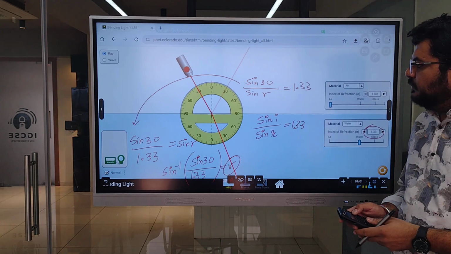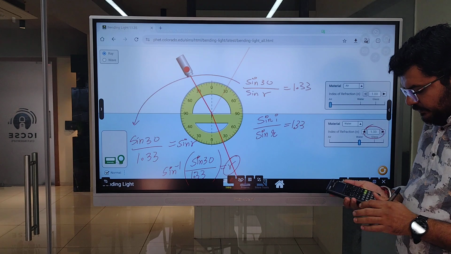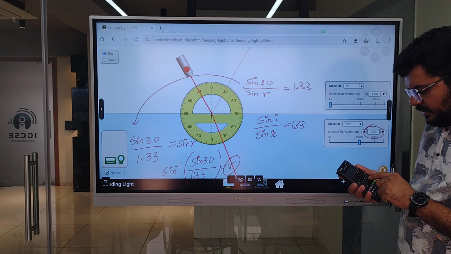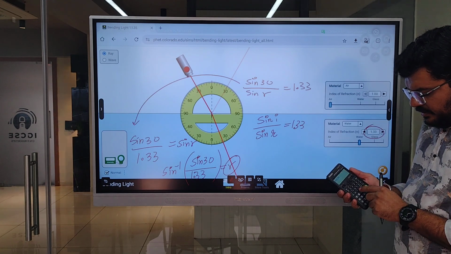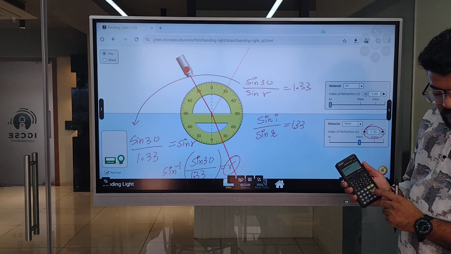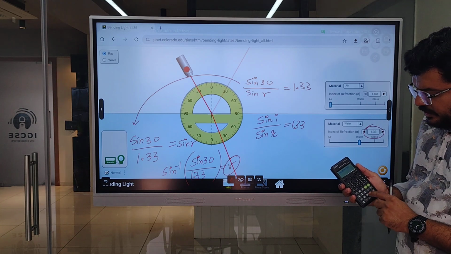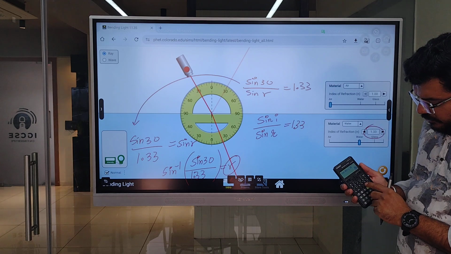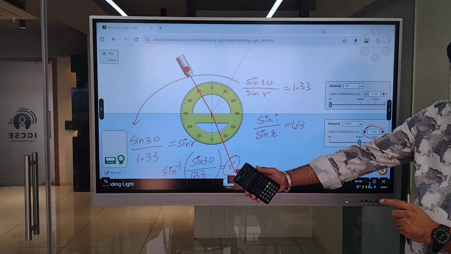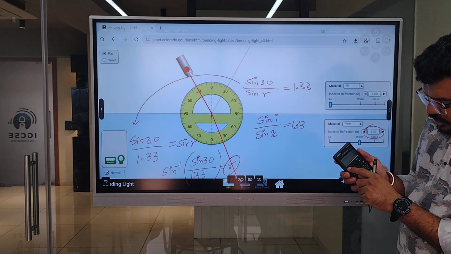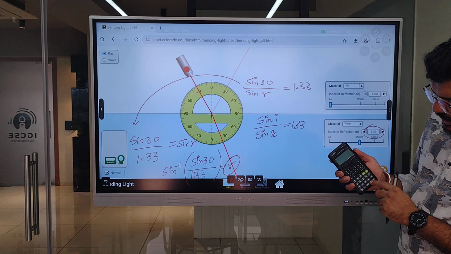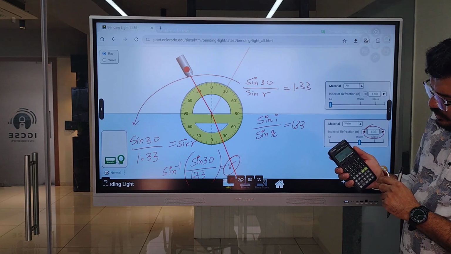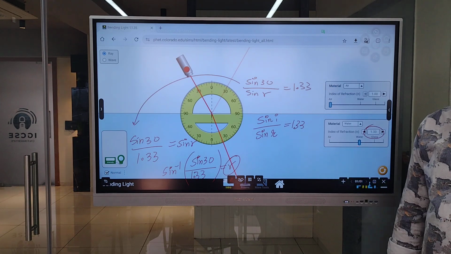Cannot be. See, it's in degrees. Sine 30 bracket close divided by 1.33. Right? Then you have to write sine inverse of the answer. So shift sine inverse of the answer is equal to 22.08.